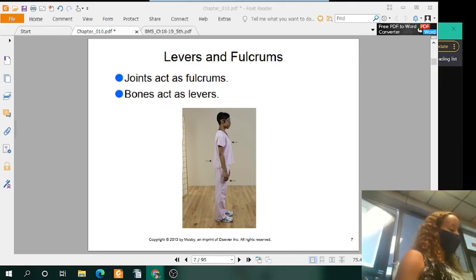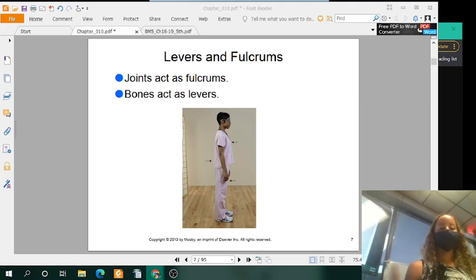Okay, so there's advantage and disadvantage to different classes. Mechanical advantage means there's less effort to move something. Disadvantage, you're having to apply more effort. How much is going to depend on what type of lever and, of course, the amount of load that you're moving.